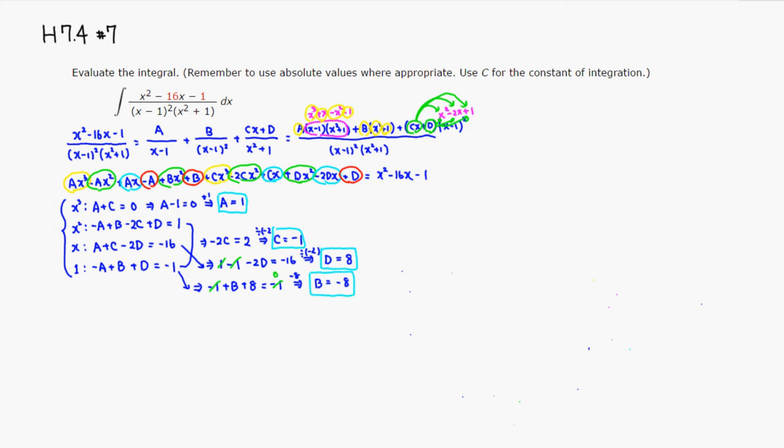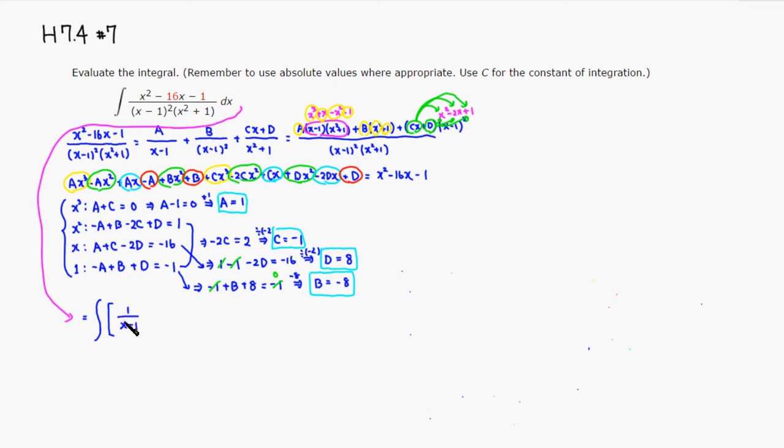So let's rewrite the original integral this way. So you have an integral, then let's see, a is 1, so it's going to be 1 over x minus 1.